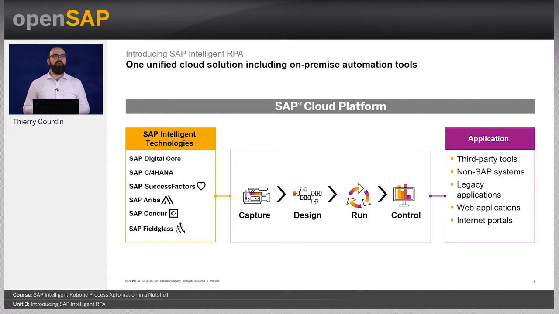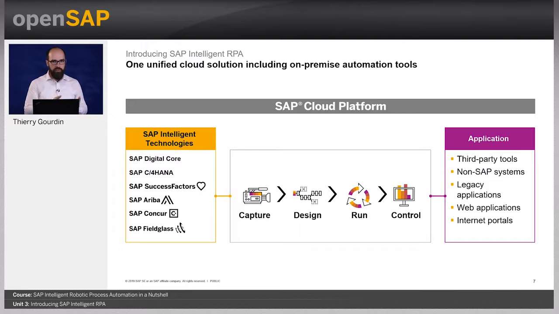SAP Intelligent Robotic Process Automation gathers all these functions by providing an innovative cloud solution, including on-premise automation tools. With this solution, the creation phase is divided into two different steps: capture the process and design the automation of the process.